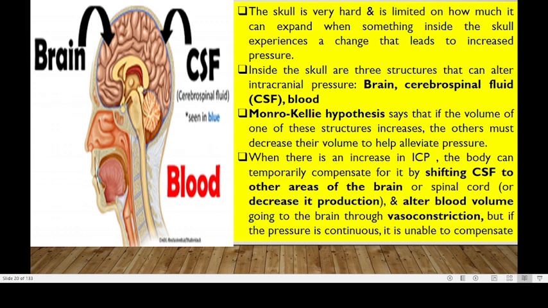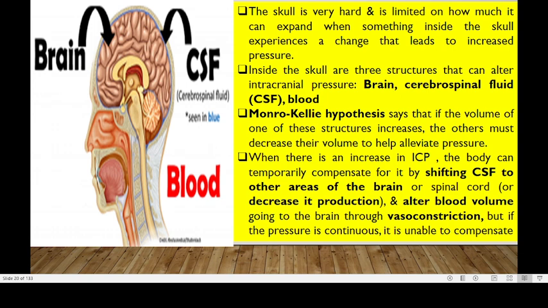The cause of this increased ICP can be explained using the Monro-Kellie hypothesis, which says that if the volume of one of these structures, be it the brain, the cerebrospinal fluid, or the blood, is affected, the others will have to decrease their volume to elevate the pressure. When there is an increase in ICP, the body can temporarily compensate by shifting CSF to other areas of the brain or spinal cord, or altering blood flow going to the brain through vasoconstriction.